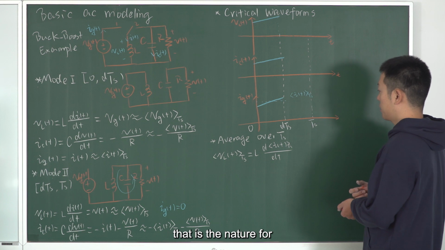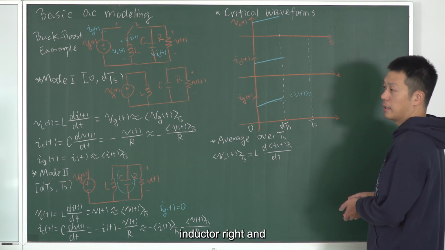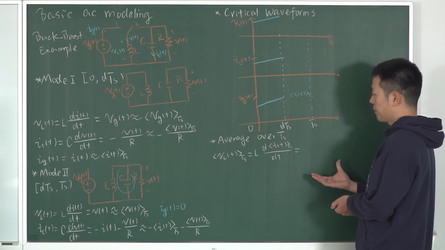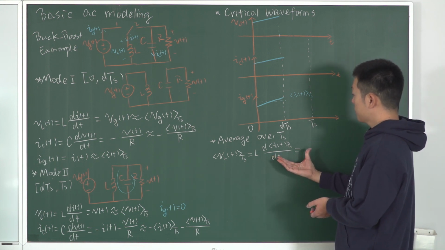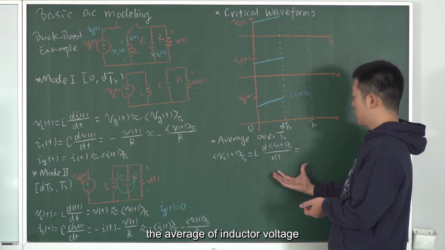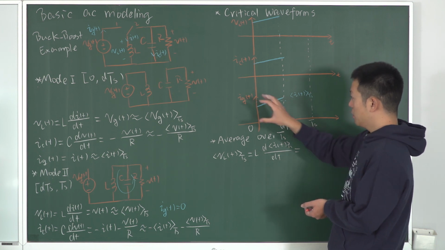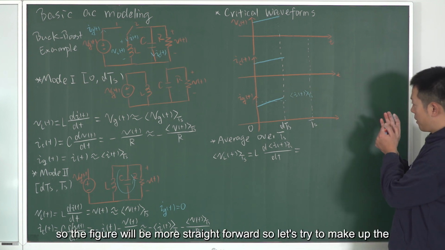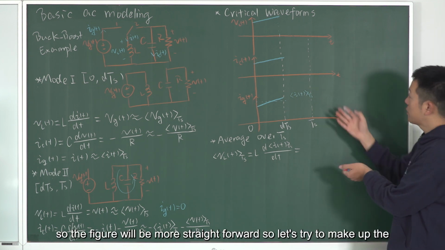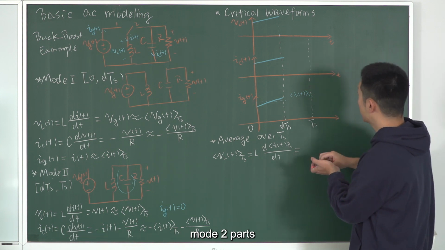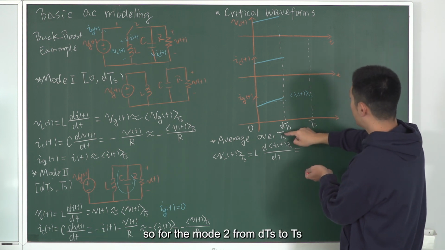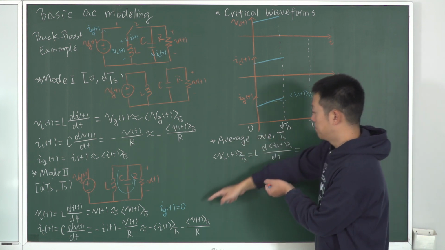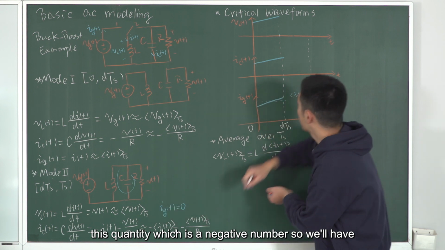That is the nature of an inductor, right? And this will equal the average of the inductor voltage considering mode 1 and mode 2. So the figure will be more straightforward. Let's try to make up the mode 2 parts. For mode 2, from dTs to Ts, the inductor voltage equals this quantity, which is a negative number.